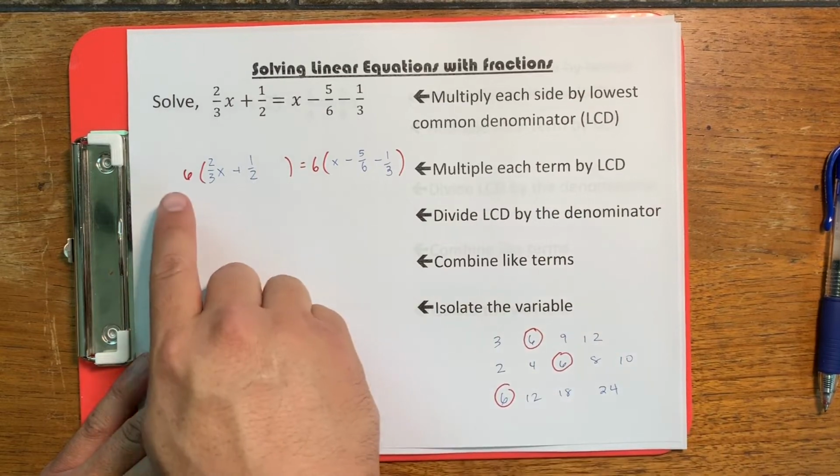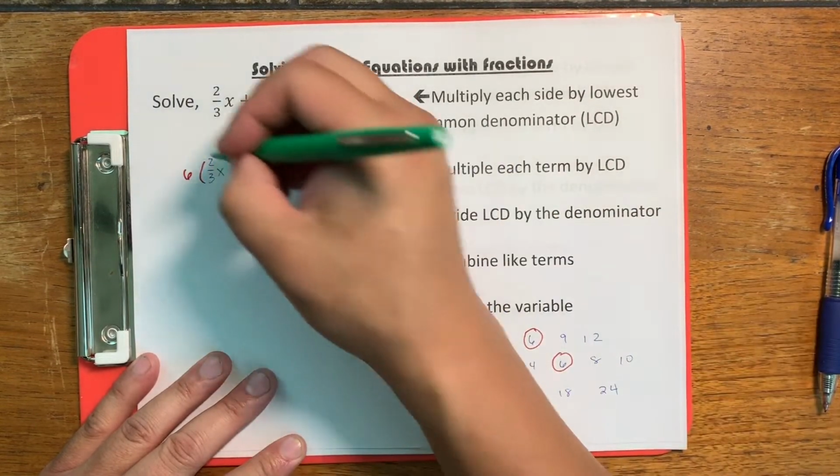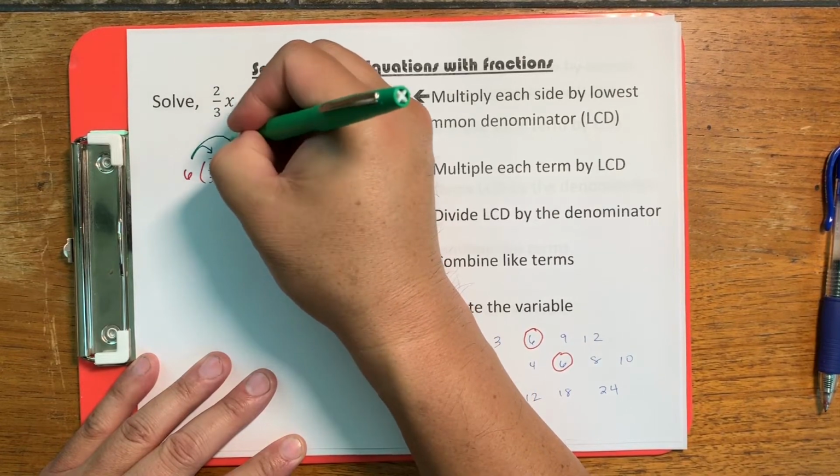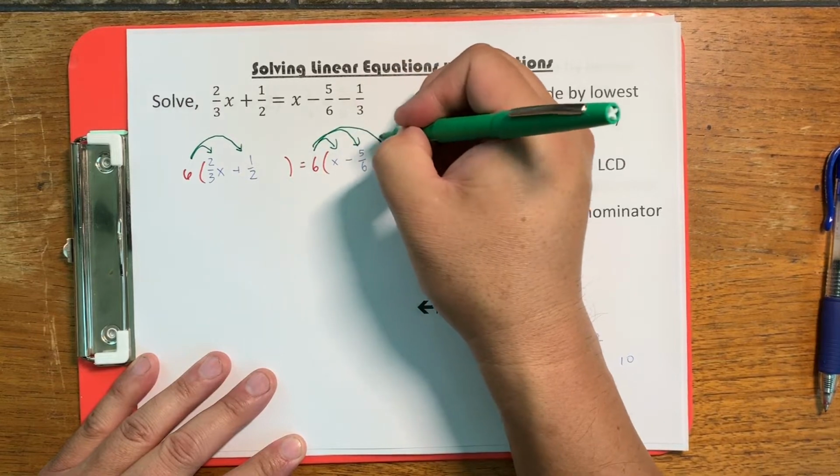Now, once we multiply both sides by the same number, we'll distribute the 6. So we'll multiply this with all three terms.